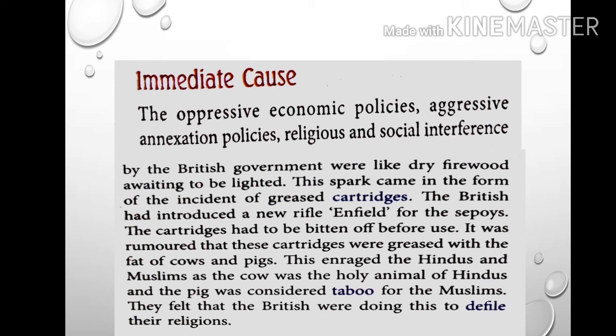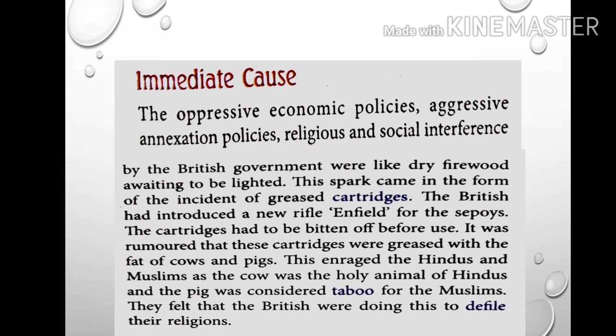Then are immediate causes. The oppressive economic policies, aggressive annexation policies, religious and social interference by the British government were like dry firewood awaiting to be lighted. This spark came in the form of the incident of greased cartridges. The British had introduced a new rifle and field for the sepoys.